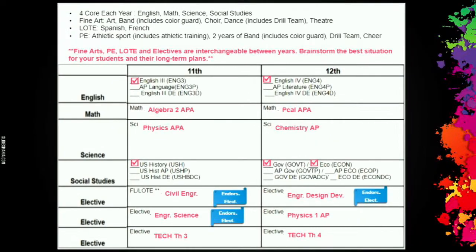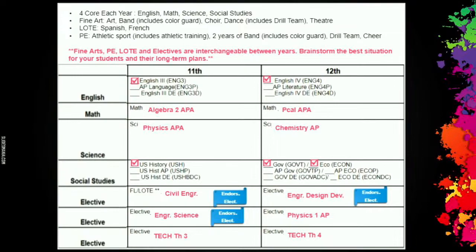In 11th grade, this student has selected regular English 3 because he's done that throughout. He's taking Algebra 2, APA Physics, regular U.S. History. Now he's moving on to Civil Engineering, Engineering Science, and Technical Theater. So these 2 courses help fulfill that endorsement pathway. Senior year, taking English 4, so now he's got all 4 English credits.